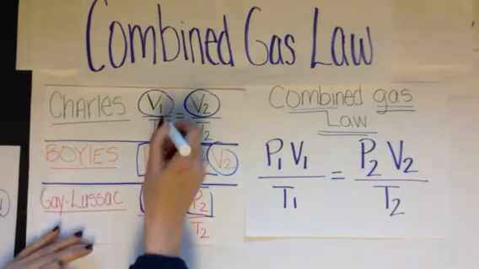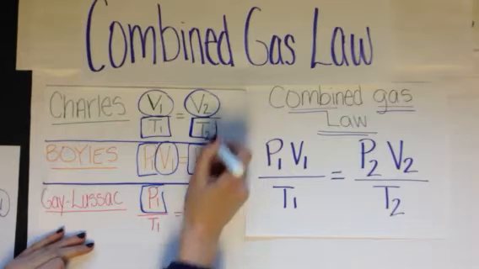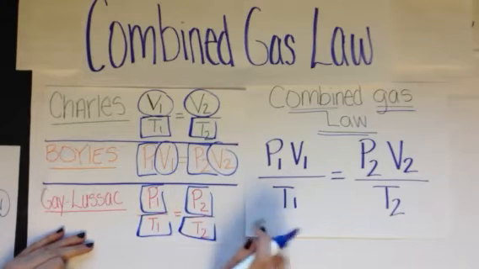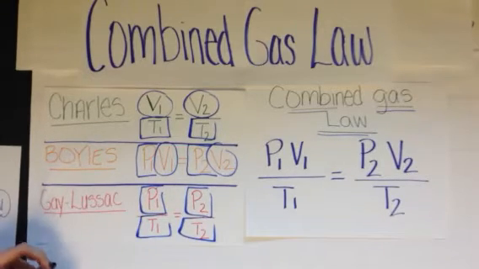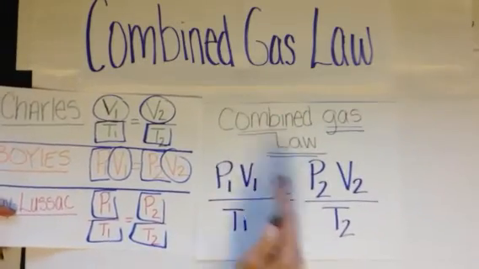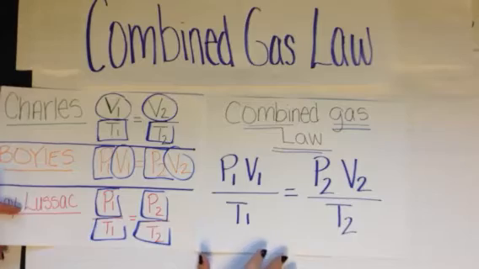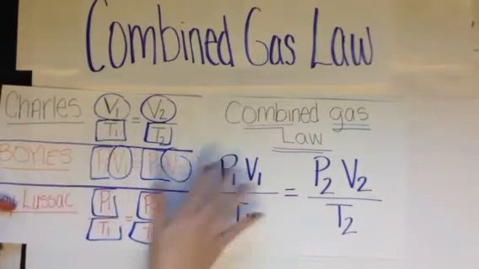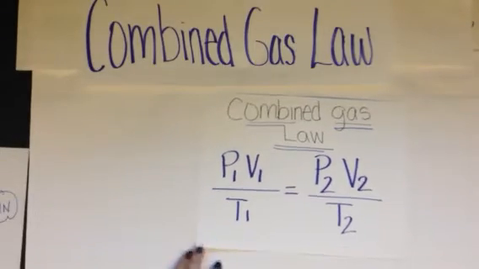And then my T's have to be on the bottom. And here are my T's on the bottom. This is the combined gas law. Again, all the ones are on the left-hand side and all the twos are on the right-hand side. It is all of these laws just combined together.